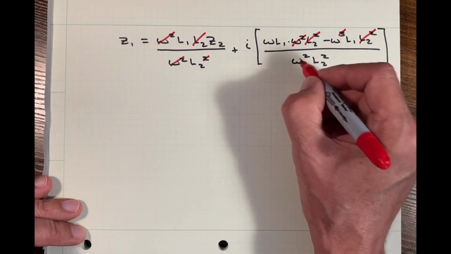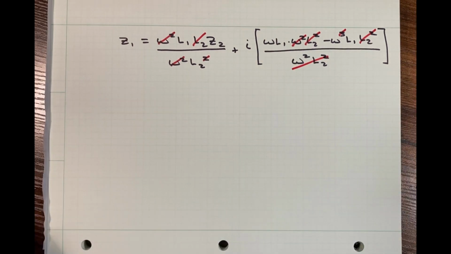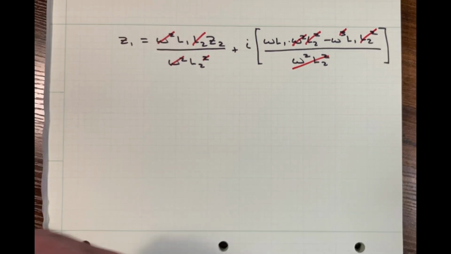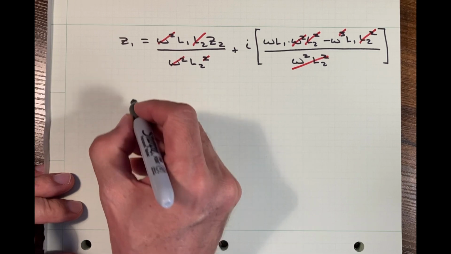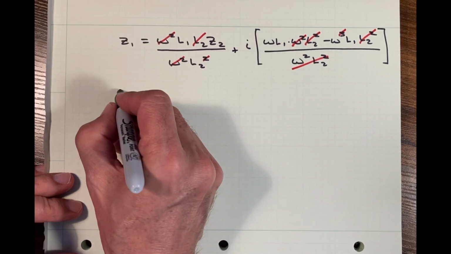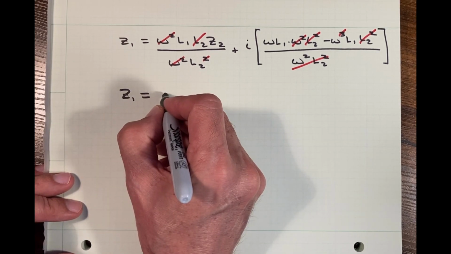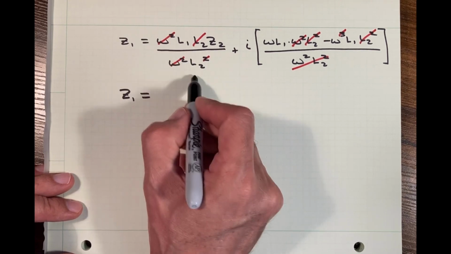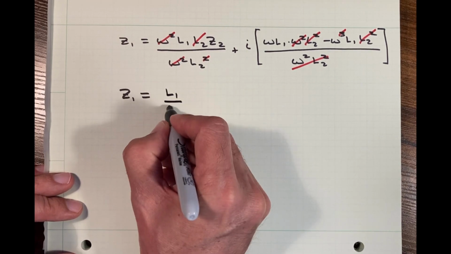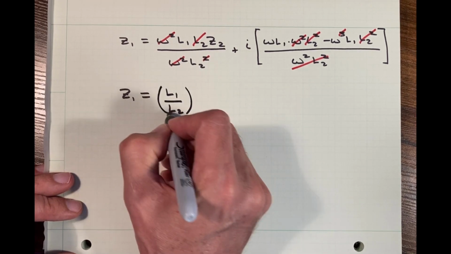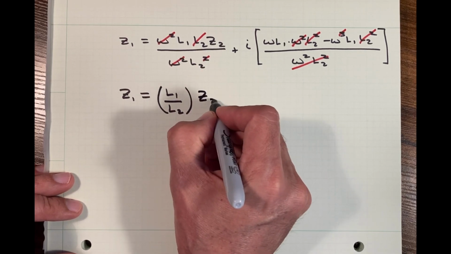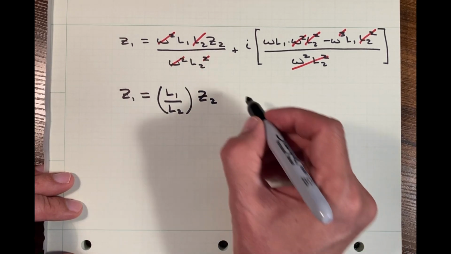And of course these guys go away. So then what we're left with is the following. Z1 equals L1 over L2 times Z2.